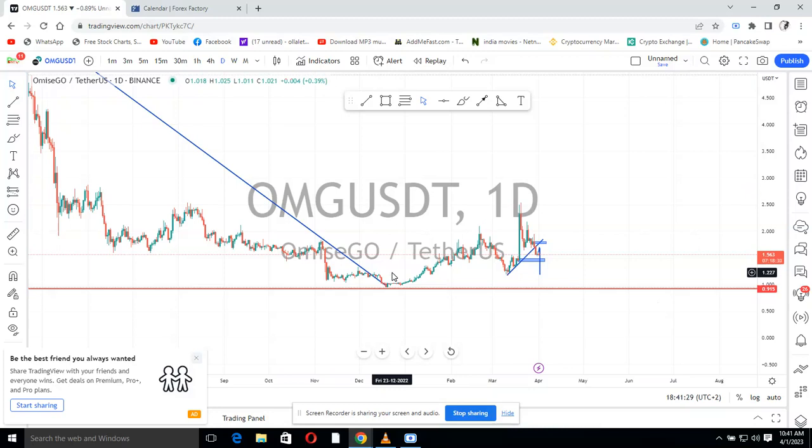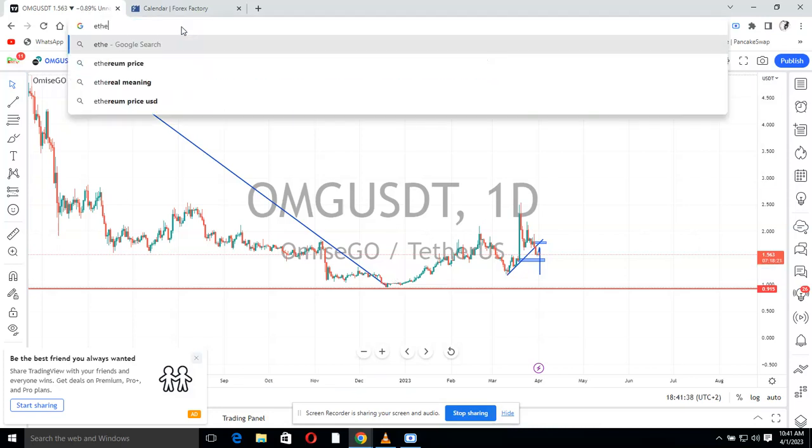And we have another one. Which coin is that? I don't even remember. Let's check Ethereum.